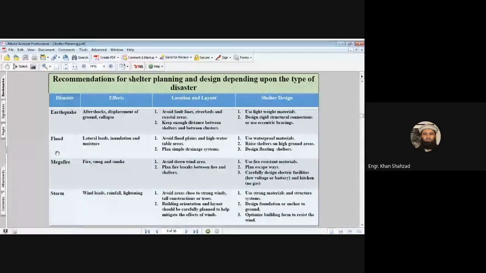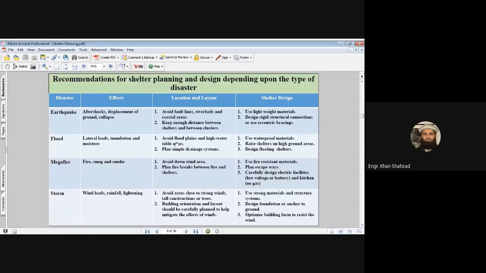The next major disaster is flood. What will be the effects? It will cause lateral loads, inundation or flooding, and moisture in the area or in these structures. So what do you have to take care of? Avoid flood plains and high water table areas.